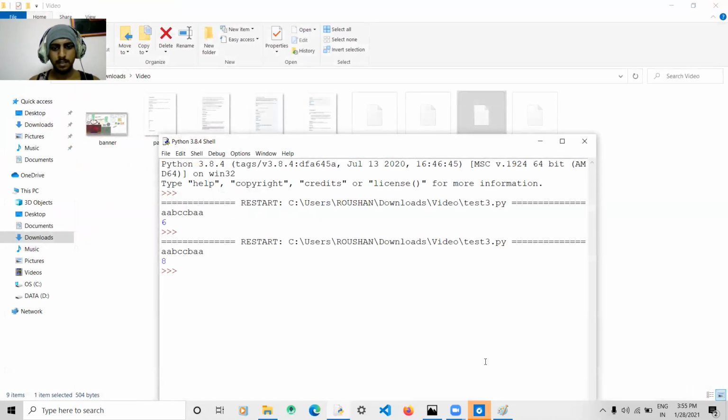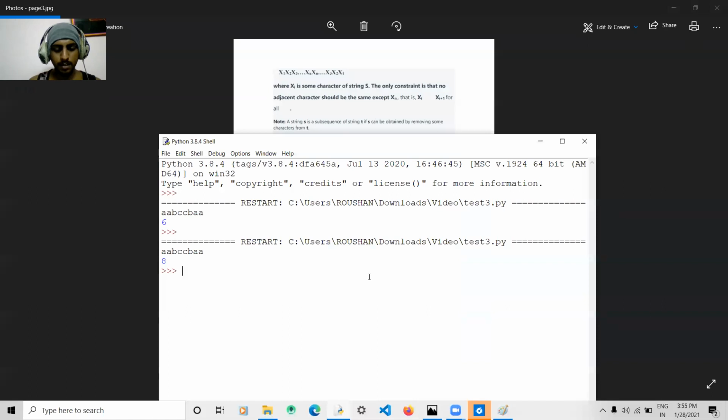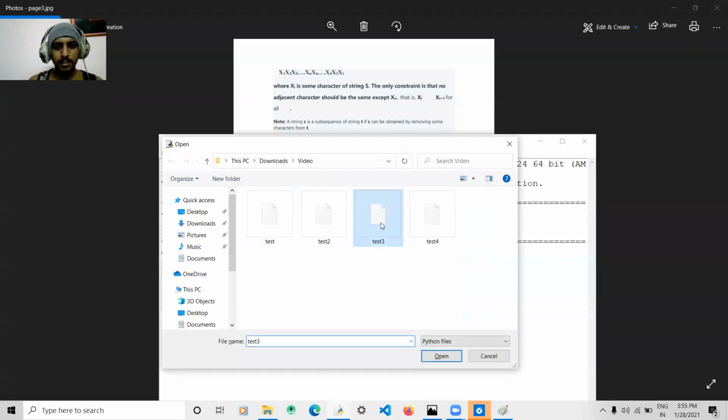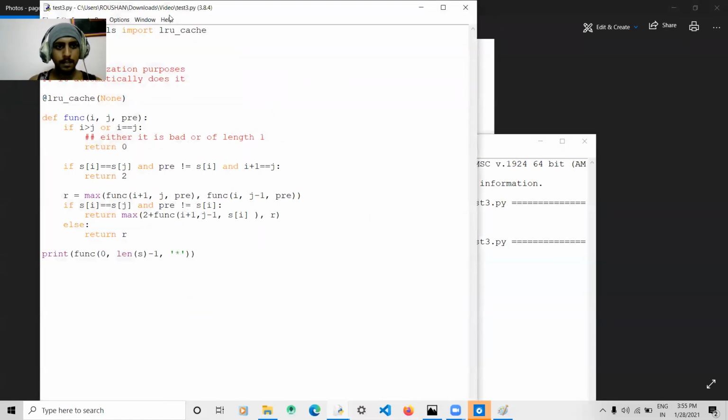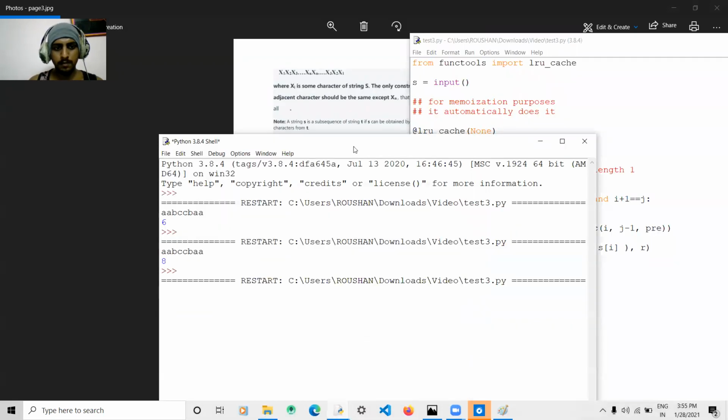Let's move on to the fourth problem, which is actually my favorite. Let's actually run that code I wrote, just to make sure it works. F5.